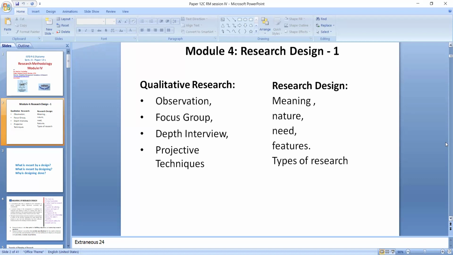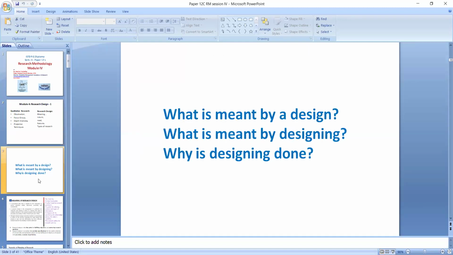Before going to qualitative research, which we have briefly touched in the types of research, as the title of the module says, research design, let us start with the concept of design. So design, its meaning, nature, need, features, and types of research that we are going to visit.